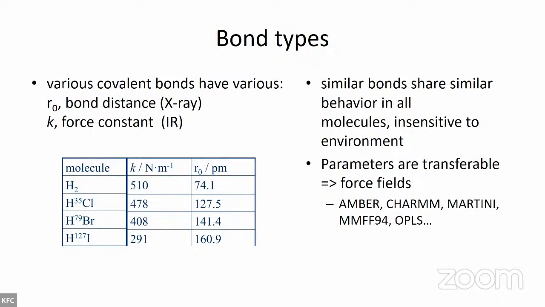The important part is that individual bond types usually have a specified bond distance, which we can measure via X-ray, and a force constant, which we can get from infrared spectroscopy. So these two experimental techniques can give us the strength of the bond in an individual molecule. And we can use this to set up that, okay, the bond between hydrogen and chlorine will always be like this.